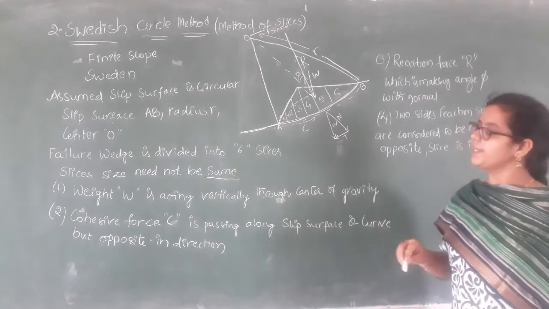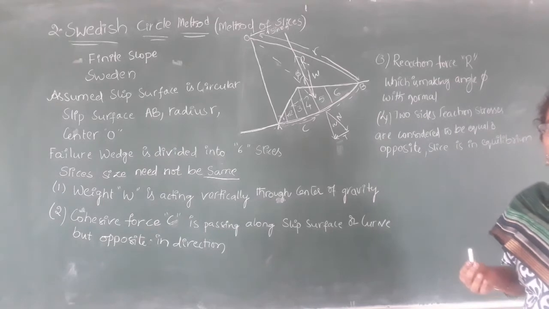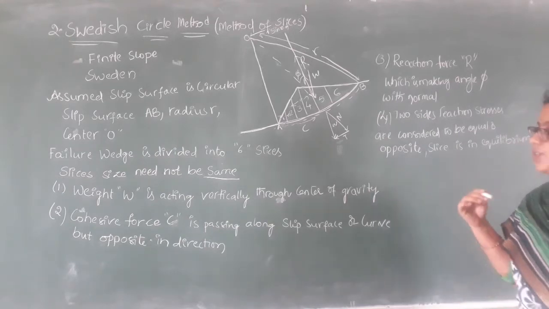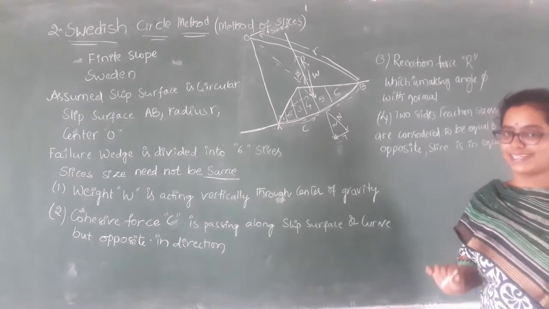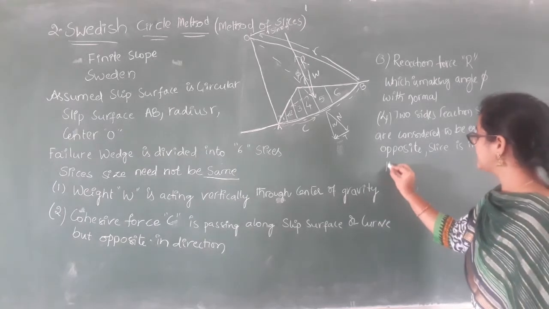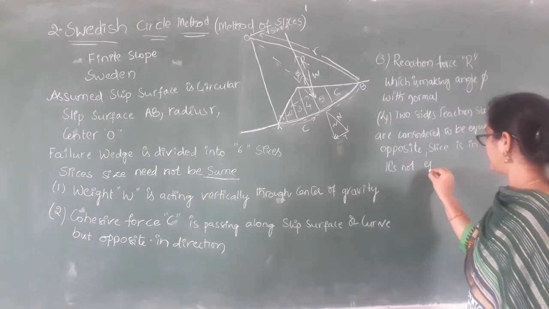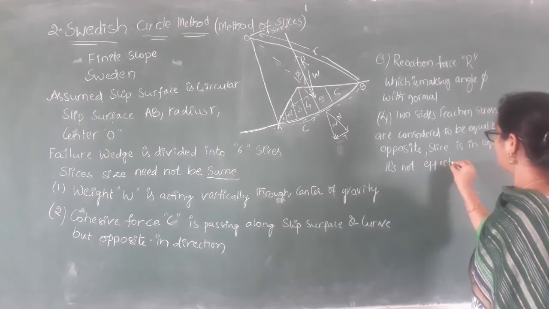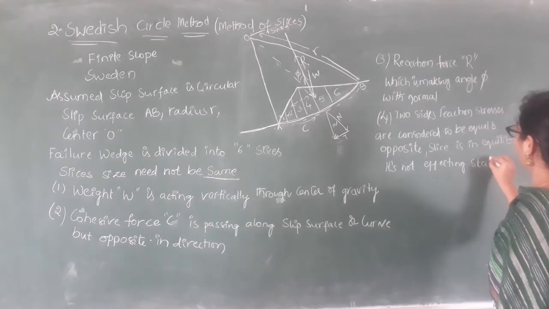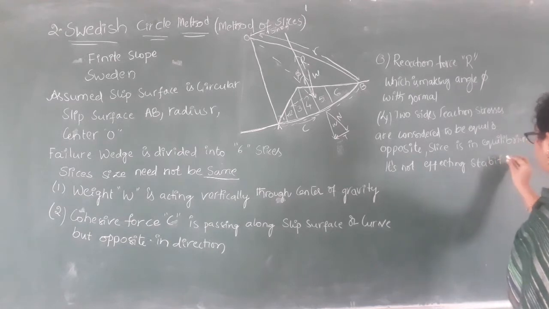If the slice is in equilibrium, it is not causing any damage to the slope. Because of its internal reactions, it is not affecting the stability of the wedge.